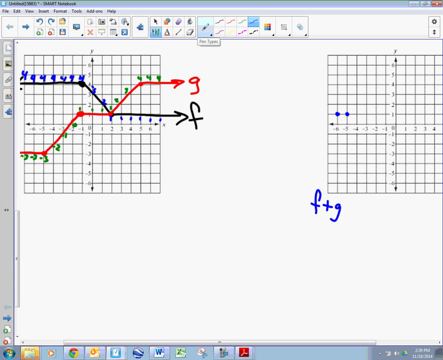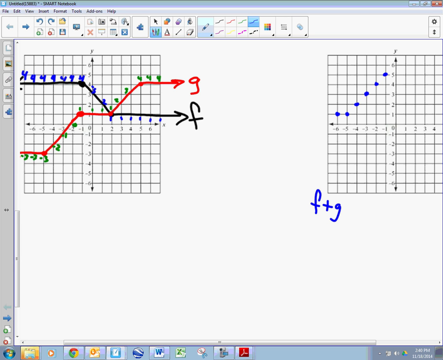Okay. All right. For negative 4, I plug it in. 4 plus negative 2, 2. For negative 3, I add 4 and negative 1, and I get 3. For negative 2, I add 0 and 4, and I get 4. For negative 1, I add 1 and 4, and I get 5.